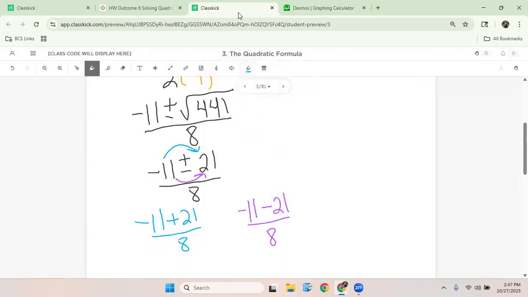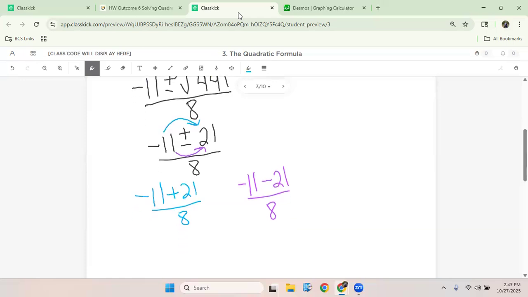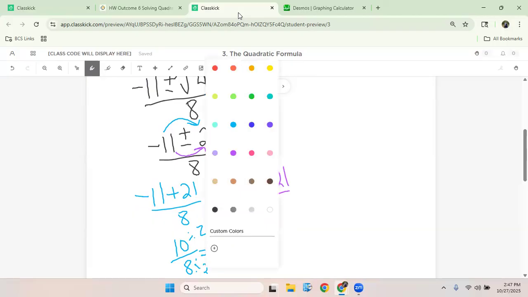I'm going to do -11 plus 21, which is 10 over 8. And that simplifies if we divide by 2 in the numerator and the denominator, 5 over 4, or 1.25. And then we're going to go to the next one.